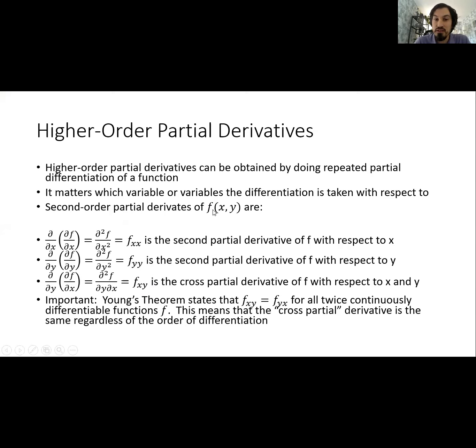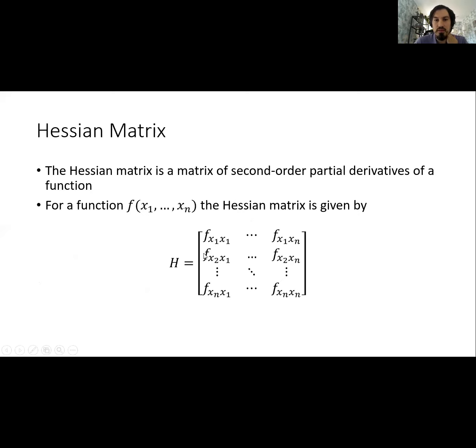You could imagine a function of 3 variables too, fxyz. Then you'd have a bunch of these: fxz, fxy, fyz, fxx, fyy, fzz. There's a more complicated structure of partial derivatives that exist when you have functions of higher variables. So we talked about that.